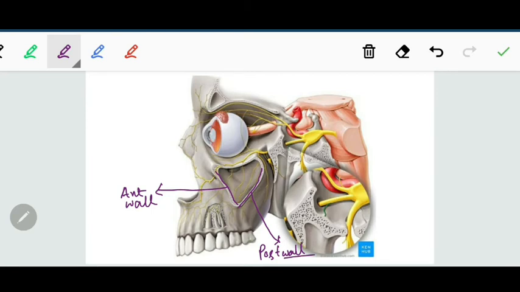It is to be noted that maxilla has an anterior surface which forms the anterior wall. This is the anterior surface of maxilla. Opposite to it, this is the infratemporal surface of maxilla.